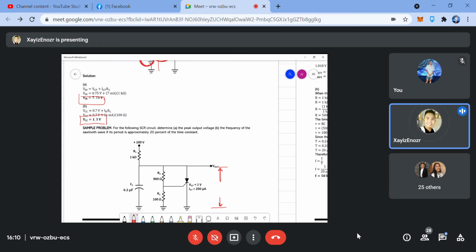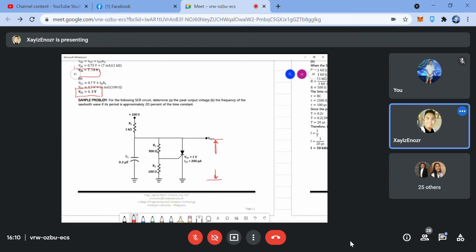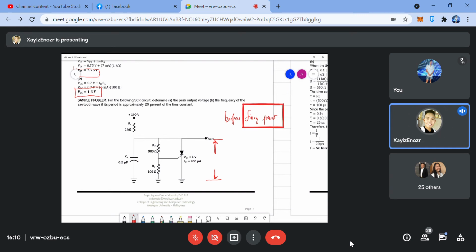Kailan? So, masusukat mo yung output voltage sa point na to, habang or bago mag-fire. So, before firing point, ito din yung mismong instant ng firing point. Okay. Doon mo masusukat.